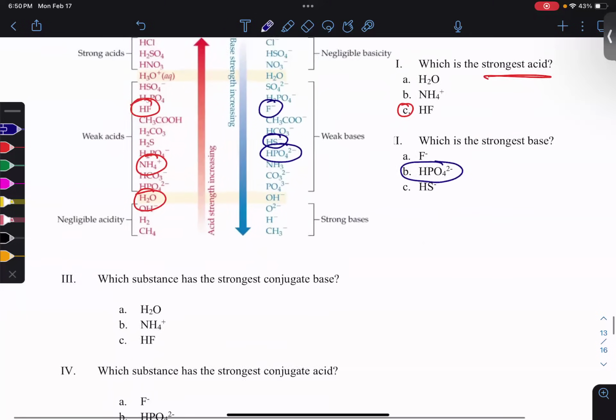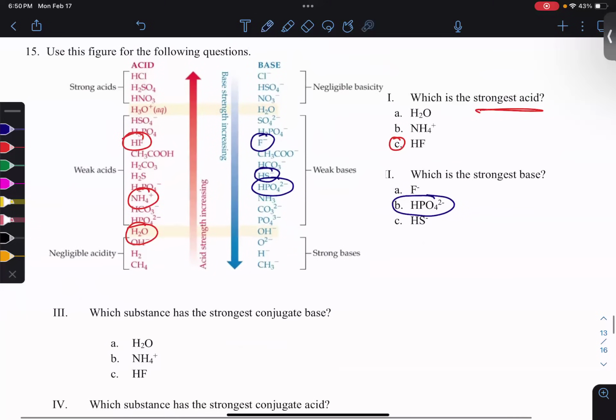So let's keep going here. Notice that I have the same 3 substances. HF was the strongest acid. So which substance, same 3, has the strongest conjugate base? So let's remember, strongest conjugate base is typically the weakest acid. So let me draw that better.